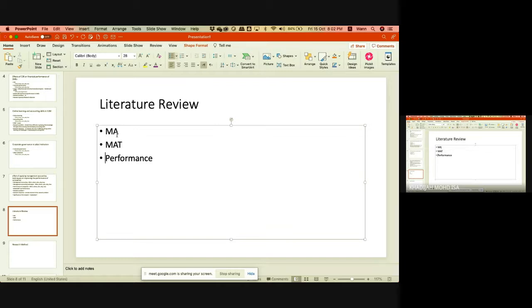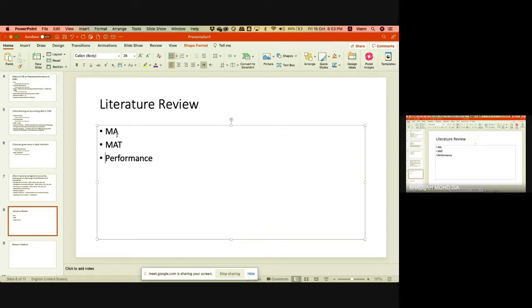So you arrange your literature review based on the theme of discussion. And for example, the performance: how do people measure the performance of a company, especially with regard to management accounting techniques. So you look into these papers and then you give a synopsis, for example, an analytical review of all these papers, right?